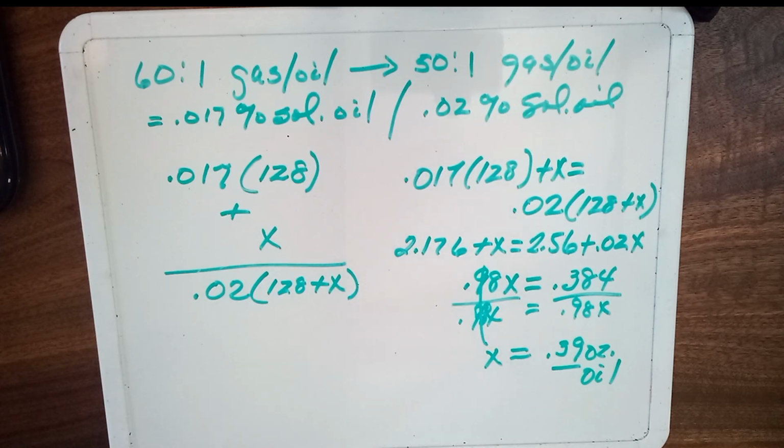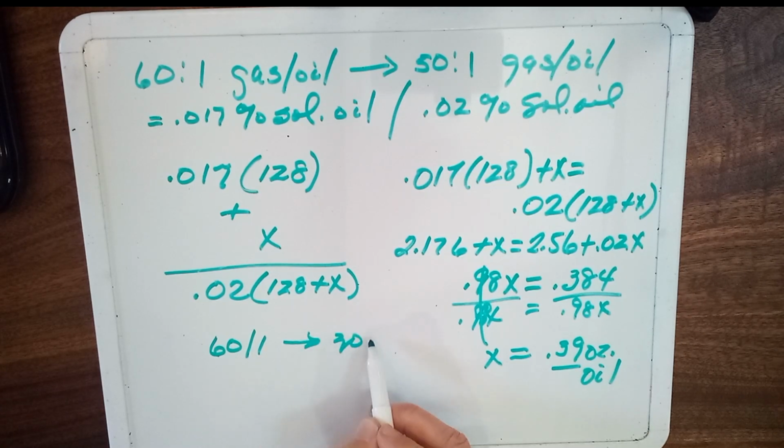If we were going in the reverse, let's say I wanted to change a 60 to 1 gallon of gas oil to 30 to 1. Whatever amount I used, and this is, I believe, 2.1 to come to 60 to 1 for 1 gallon of gas, I would use 2.1 ounces to bring it to 60 to 1.